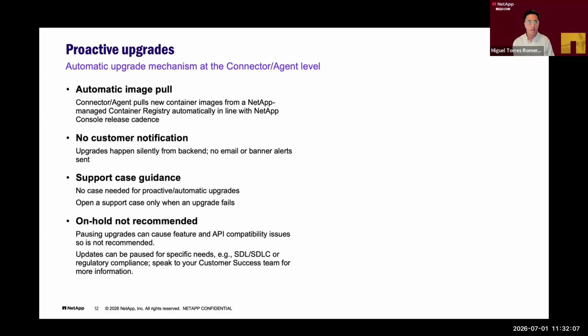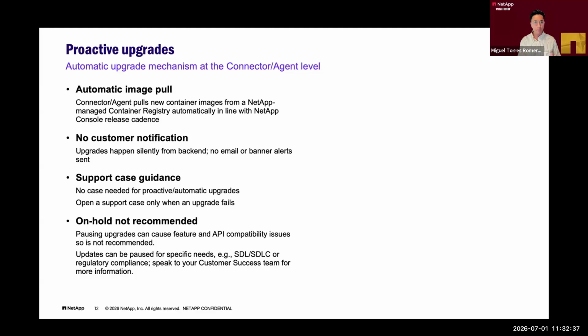Every single time a new image is available on the endpoints, the agent will pull that image and will do the upgrade by itself. You don't need to worry about it. That's something that I really recommend. From time to time, check our documentation, check what is the latest agent version, and make sure, whether from your NetApp console or your agent CLI, that you are running the latest version.